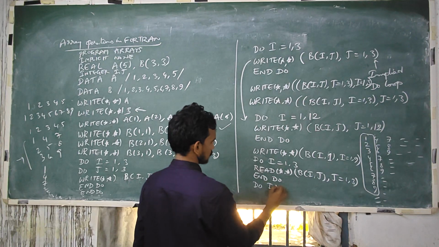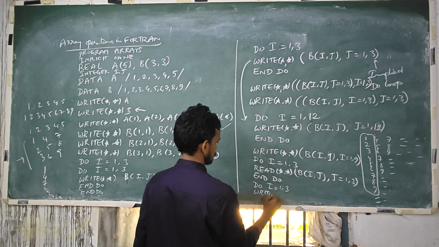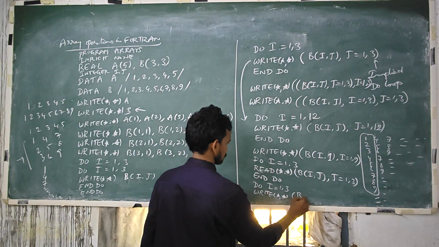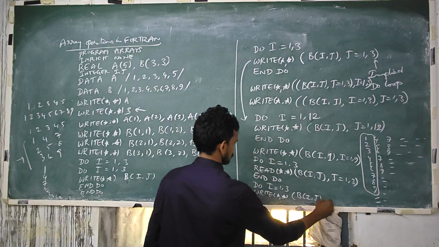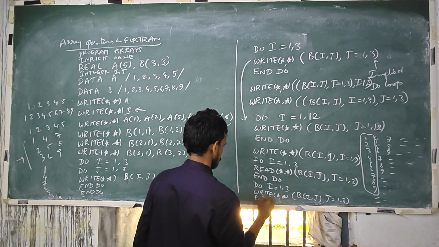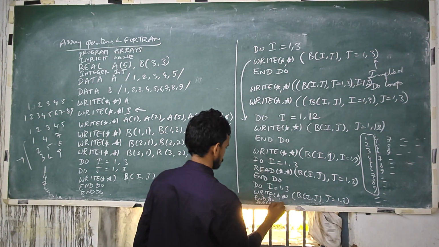Then do I = 1, 2, 3, write B(i,j), j = 1, 2, 3, and end do, end program.